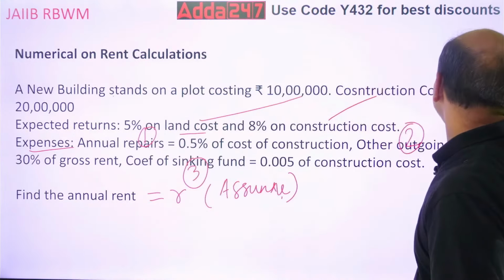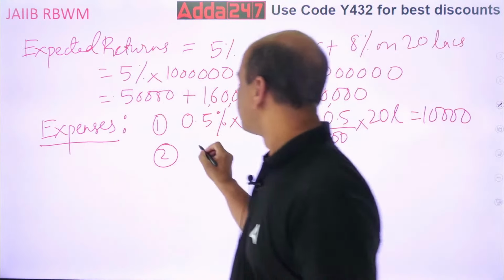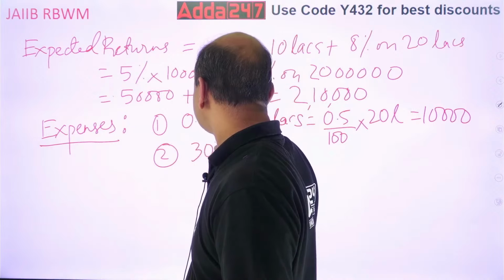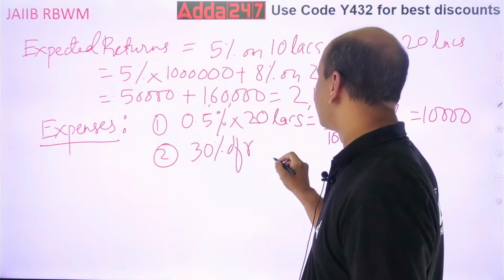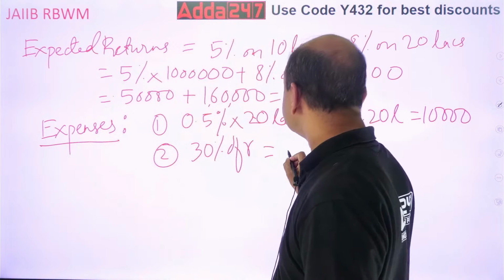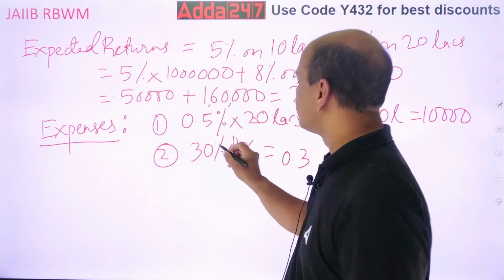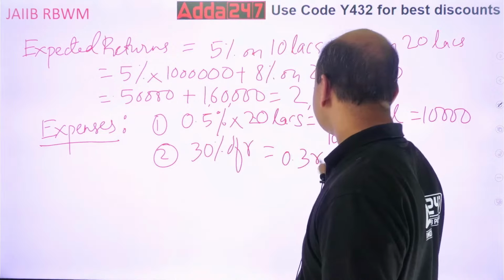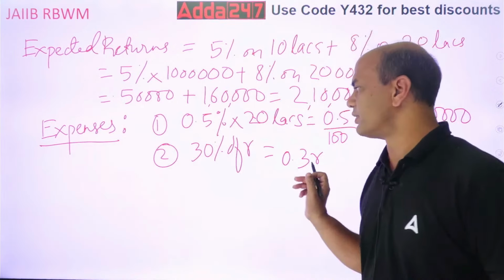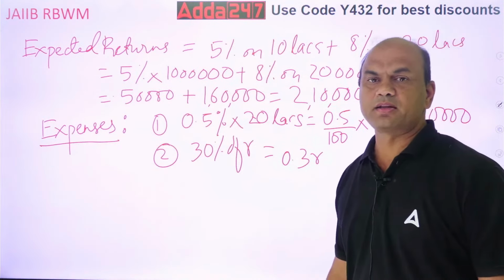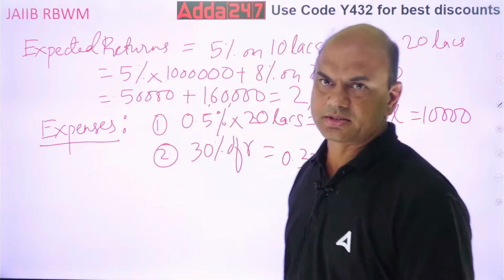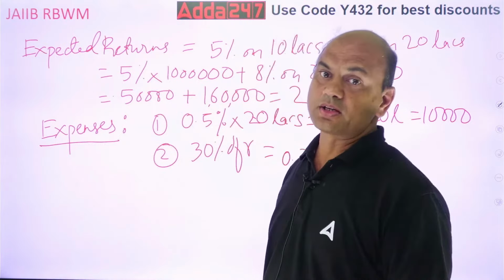Write it, 30% of R. That is equal to 30 upon 100 into R, 0.3 into R. This is your second expense.